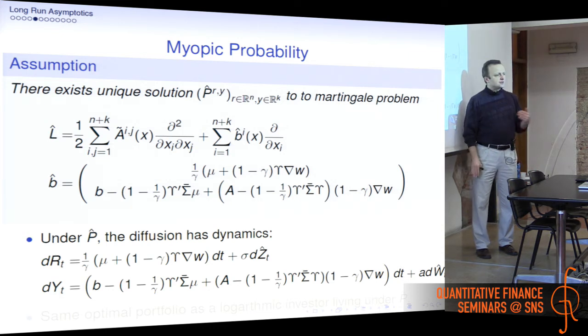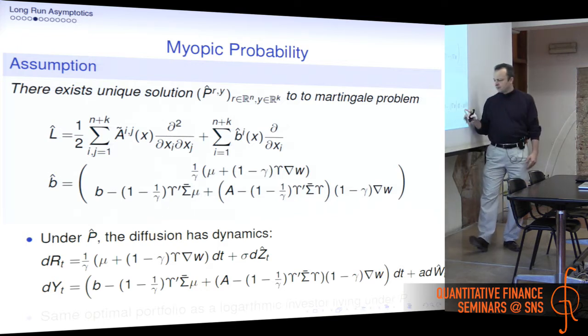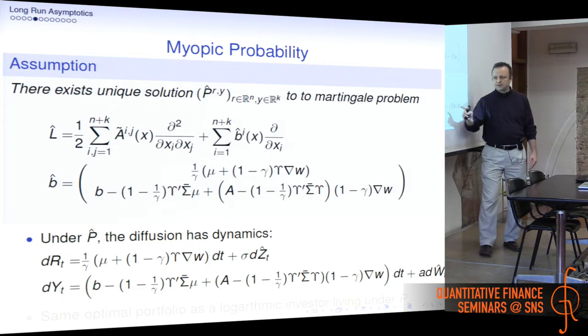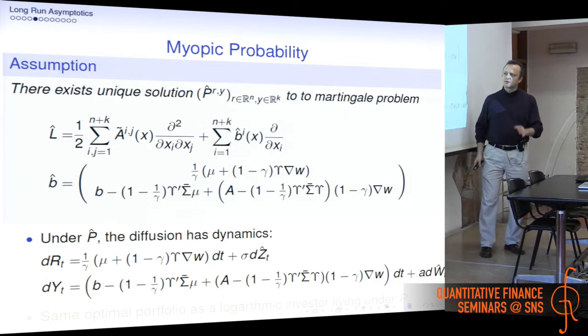And you will know that these two are equivalent measures. In fact, you can see that the two diffusion coefficients are the same, okay? And there's a theorem that tells you that if you have the solution between the two martingale problems and the diffusions are the same, then you can check the two measures are equivalent, okay? So that's the idea.